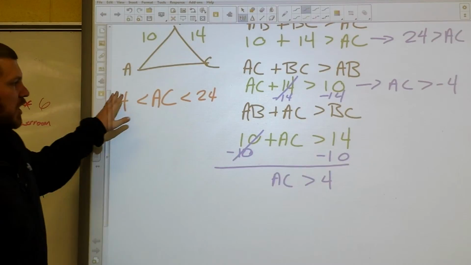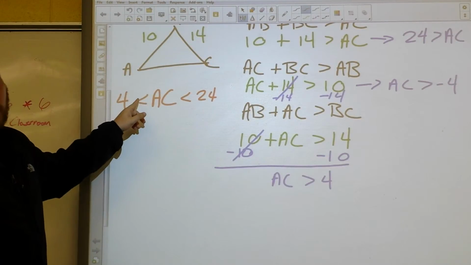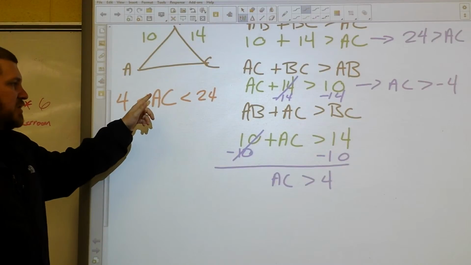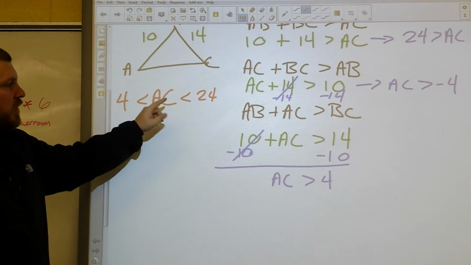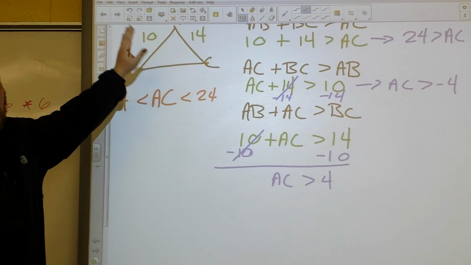So this describes the possible values. So AC could be 4.1, AC could be 5, AC could be 10, AC could be 23. As long as it's within this range, we still can maintain our triangle.